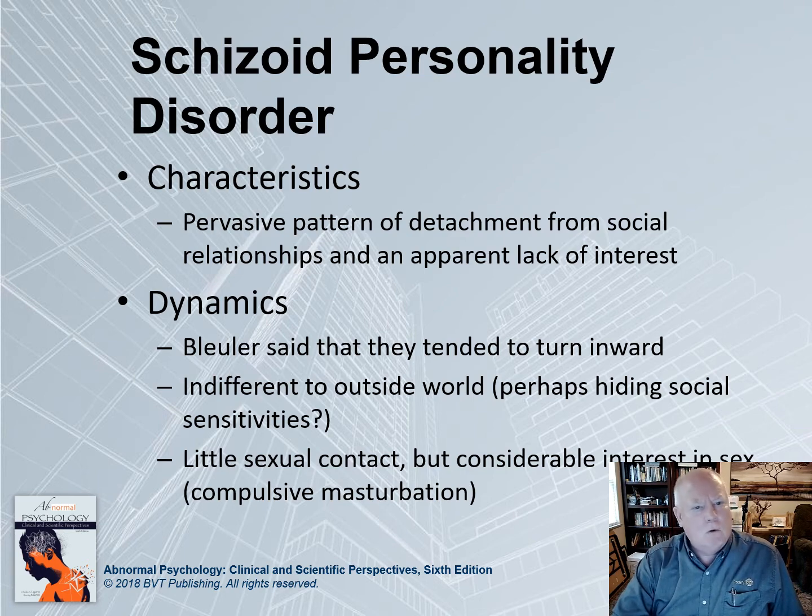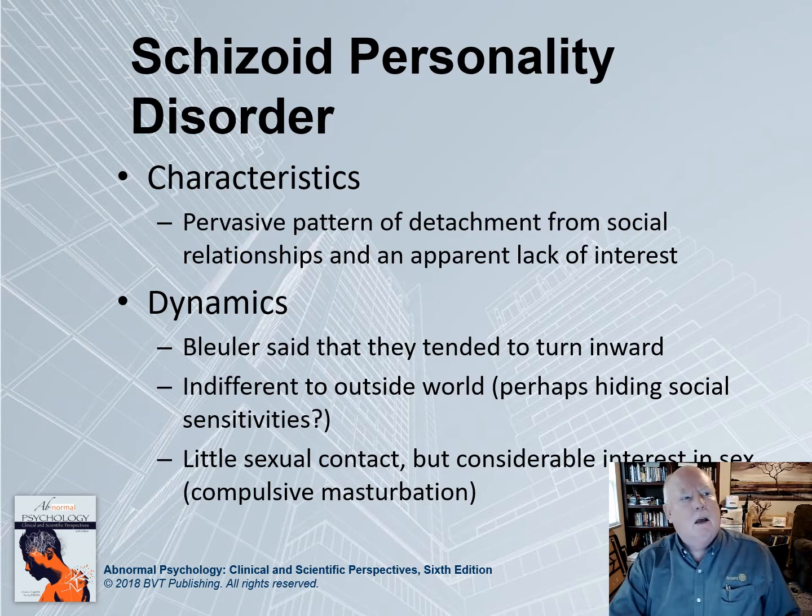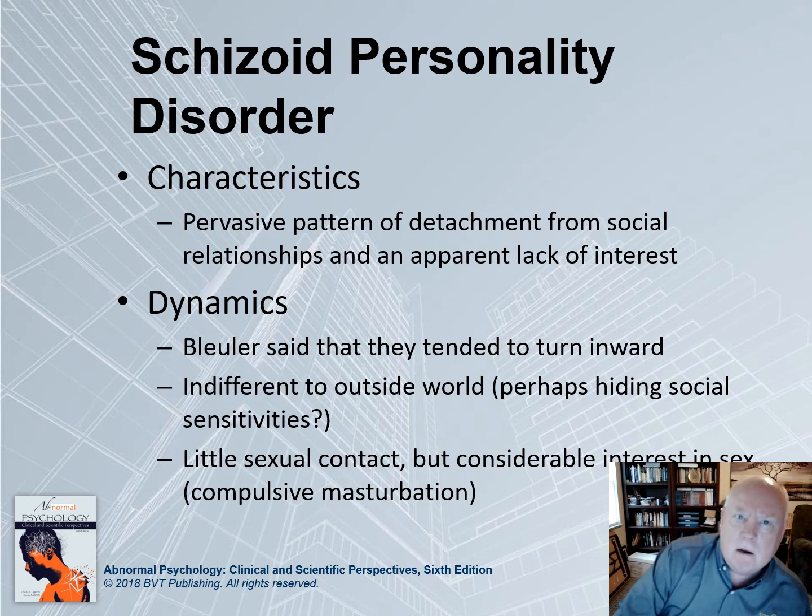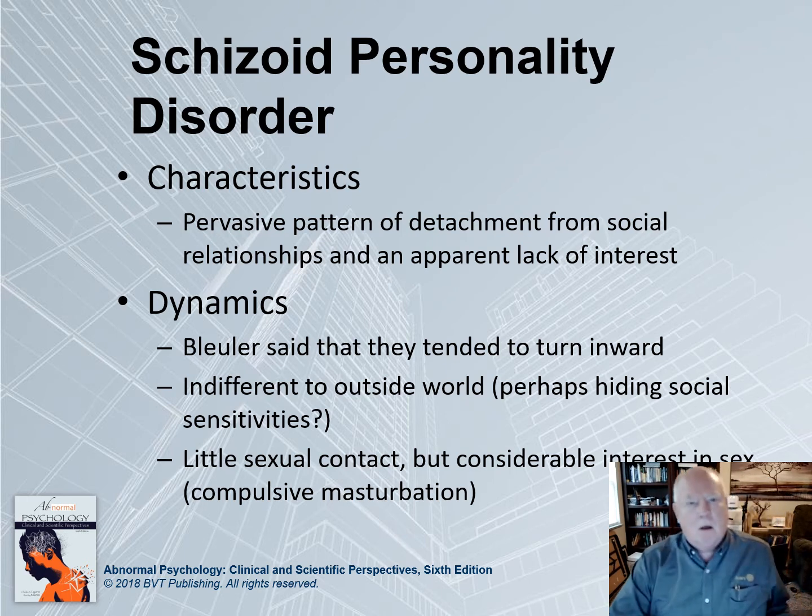Now, Bleuler, who coined the term schizoid and also coined the term schizophrenia, argued that schizoid personality was a defense mechanism of turning inward because focusing outward was too stressful for the individual. He suggested, although he had no evidence for it, that this might be a mechanism that protected people at risk for schizophrenia from ever developing schizophrenia.